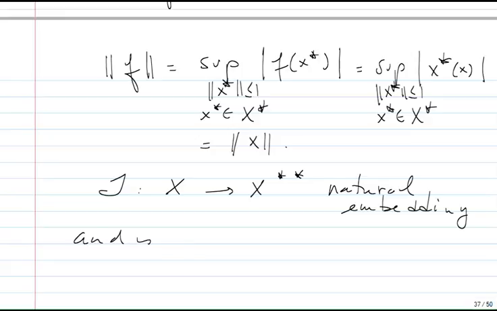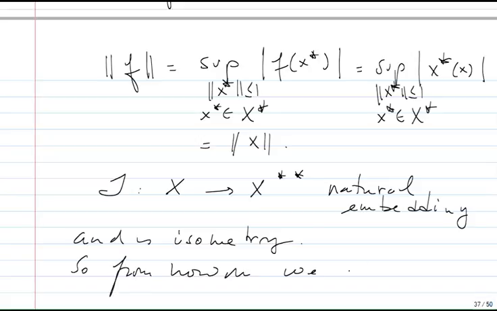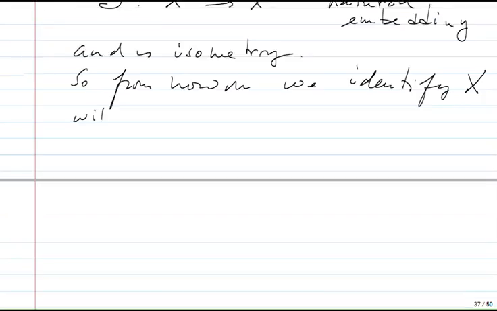So it preserves the norm, in other words. So from now on, we identify x with I of x in the bidual. So the element of x will still be called x. We can see them in capital X or in the bidual space. So the bidual space somehow has this kind of natural embedding.